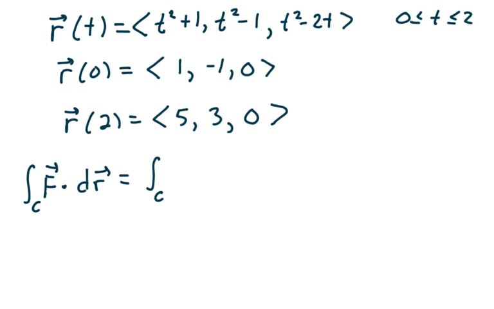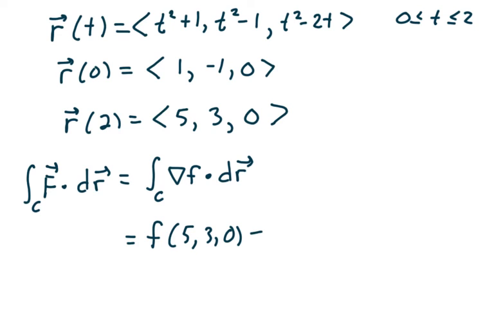Now, the integral over c of f dot dr is the integral over c of the gradient of f dot dr. But that's f of 5, 3, 0 minus f of 1, negative 1, 0, like so.